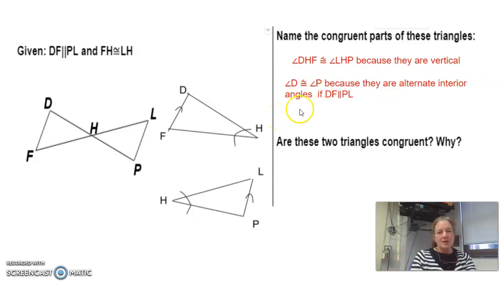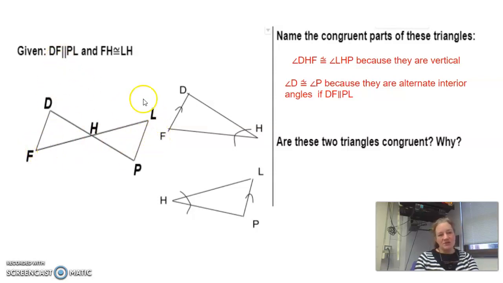Angle D is congruent to angle P because of alternate interior angles. DF is parallel to PL, so I'm going to mark that. This line is parallel to this line. So that means F is congruent to L because I take the bottom angle and the opposite top angle.